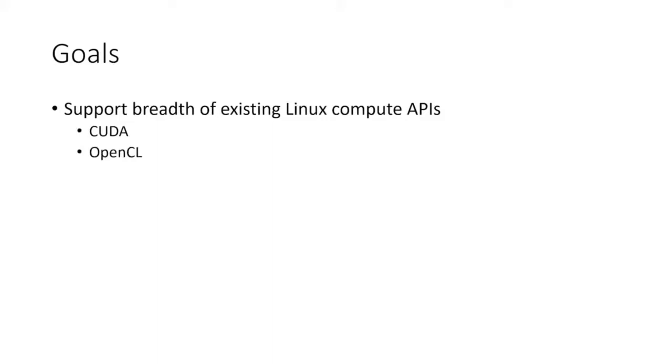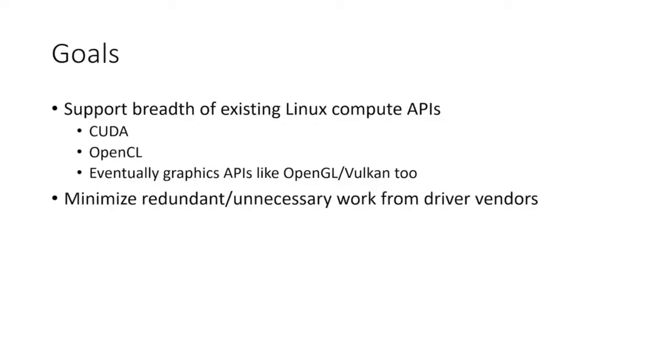Thanks, Steve. I'm here to talk about what we have in WSL for user space graphics. I want to quickly reiterate some of the goals that Steve talked about. Our goal is to support the breadth of existing Linux compute APIs, for example NVIDIA CUDA and OpenCL. We eventually would like to have graphics APIs like OpenGL and Vulkan as well.